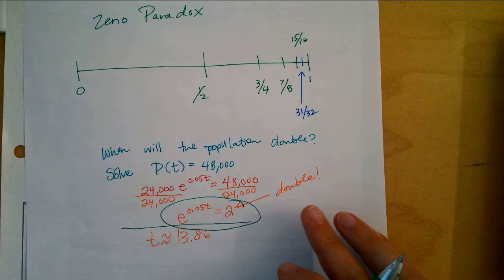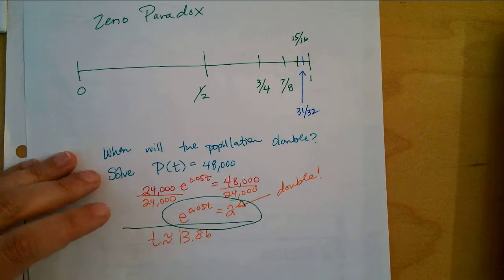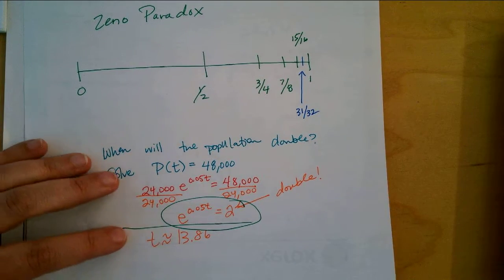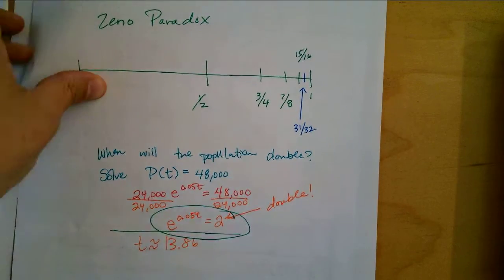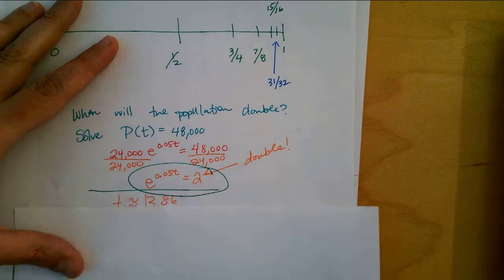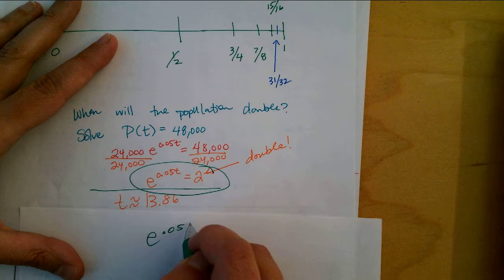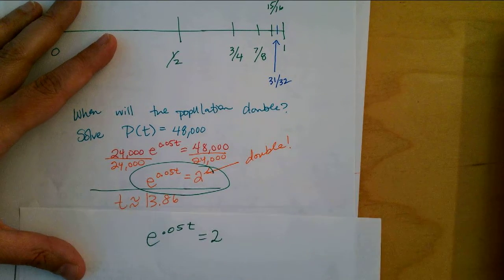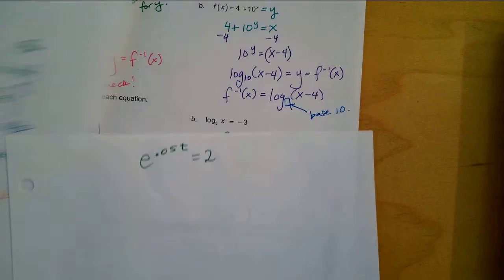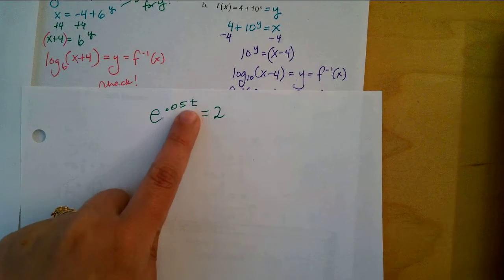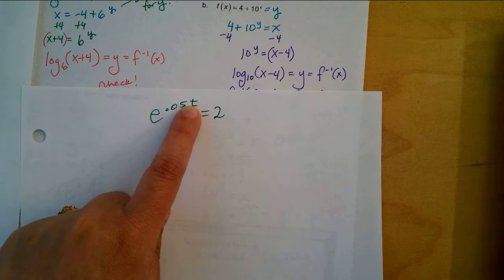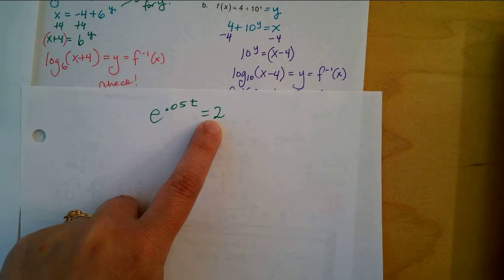Do you realize that? How would I solve e to the 0.05t equals 2? This was at a 5% growth rate. When will the population double?